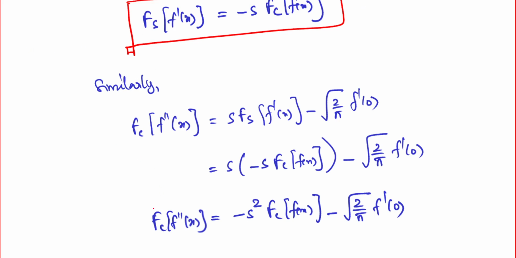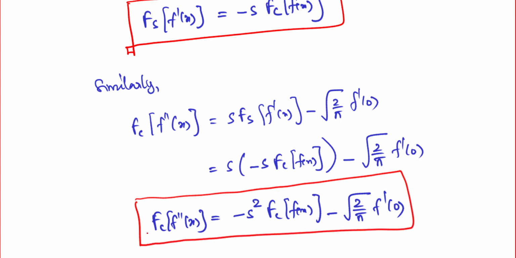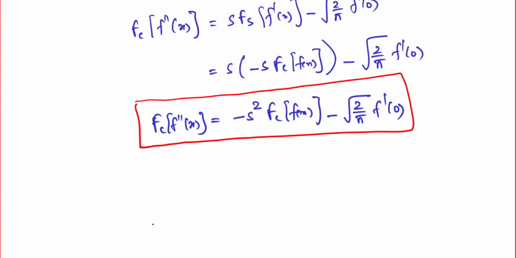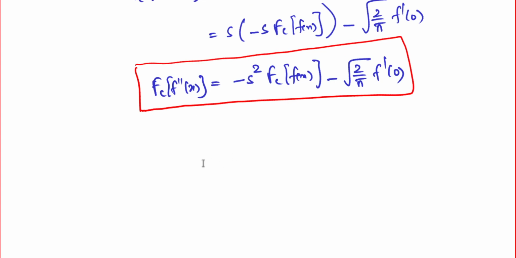Just by applying the Fourier cosine transform of f dash successively twice, you get the Fourier cosine transform of f double dash of x. Similarly, you can also find the Fourier sine transform of f double dash of x.